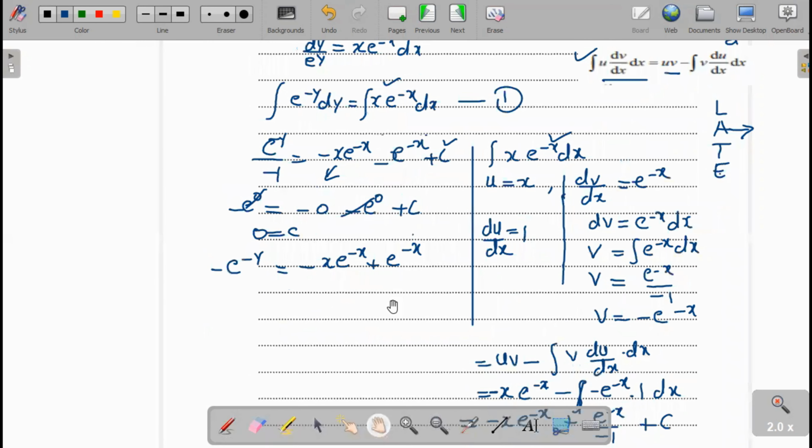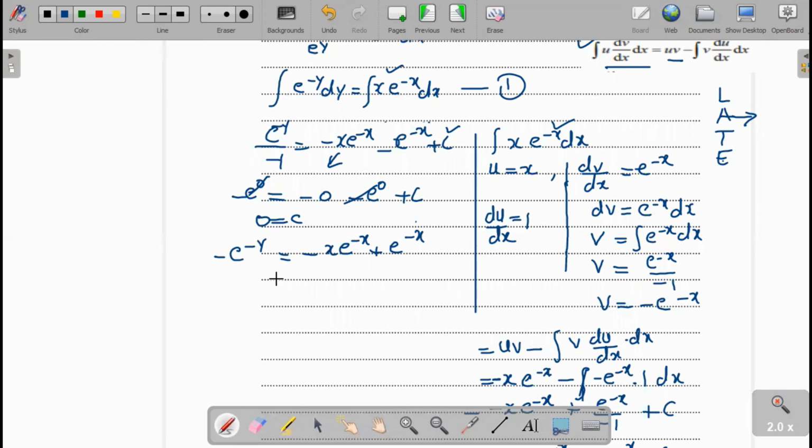And you can write it as minus 1 over e power y, minus 1 over e power x, x over e power x. Now we can write it as 1 minus 1 over e power x.